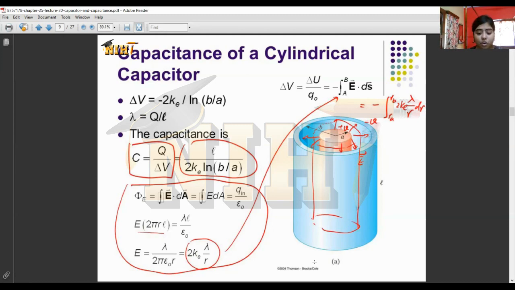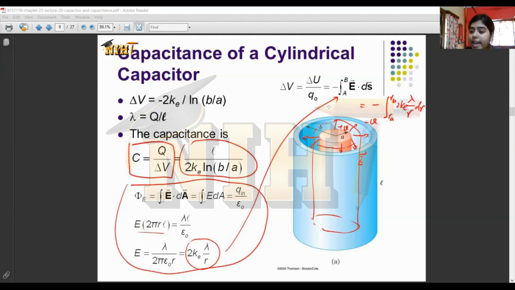Taking the factor to the right hand side, E equals lambda by 2 pi epsilon naught r, or 2k into lambda by r. Lambda is the line charge density and r is the radius of the Gaussian surface.